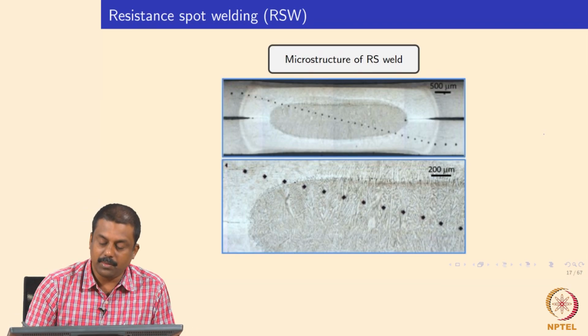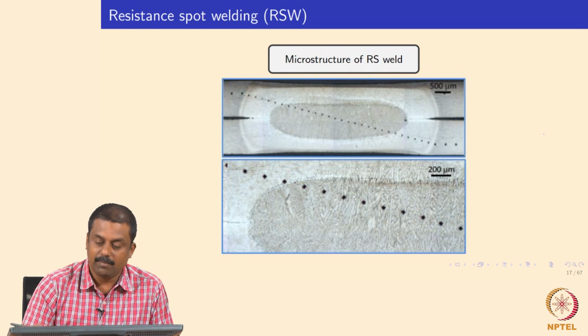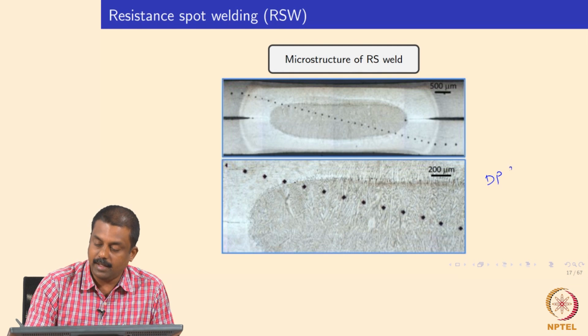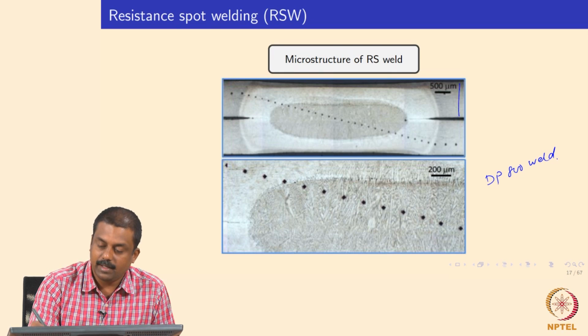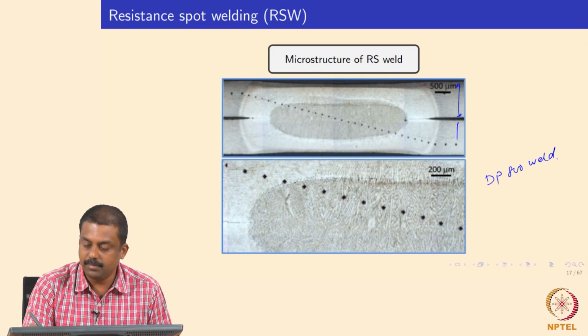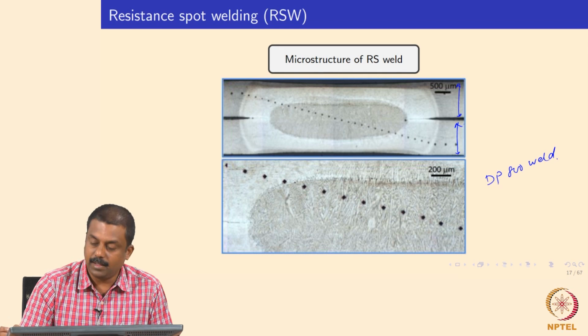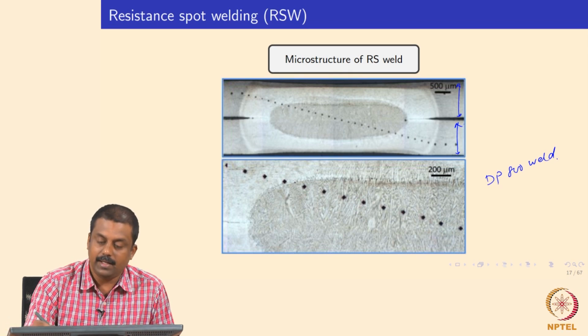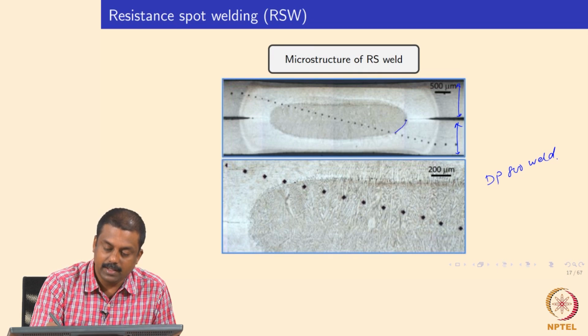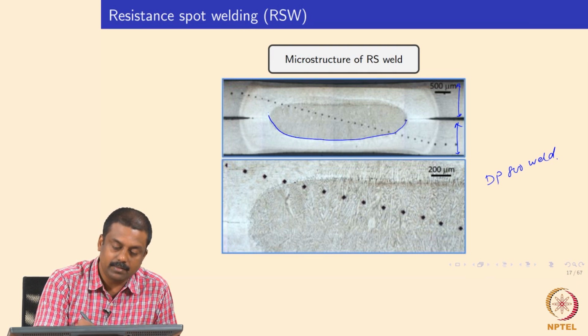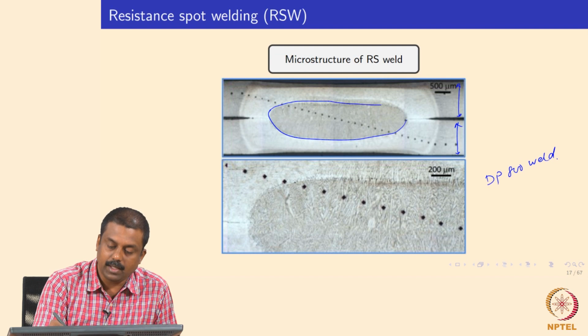These two micrographs show actual micrographs made from DP 800 welds. This is a 1.2 mm DP 800 sheet, spot welded, and what you see over here is your weld nugget. It is completely molten and solidified.